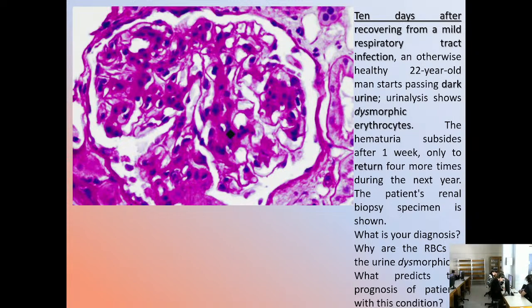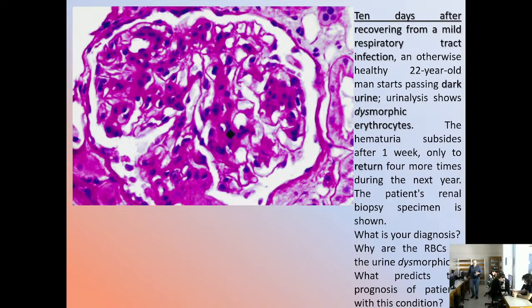There is another one, hyperplasia of epithelial cells. Where are epithelial cells in the glomerulus? They are mainly the lining cells of Bowman's capsule.